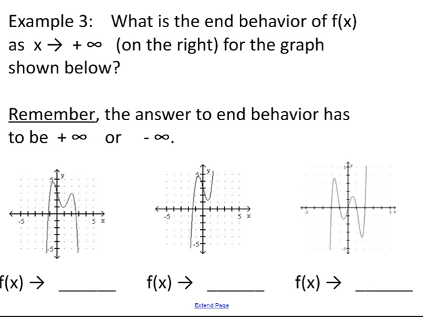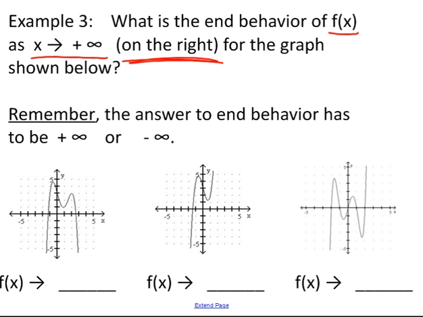Let's talk about example 3. We want to know the end behavior of f of x. That means the y value. What I want to know is, does the y value go up or down as x approaches positive infinity? X approaching positive infinity means on the right side of the graph.